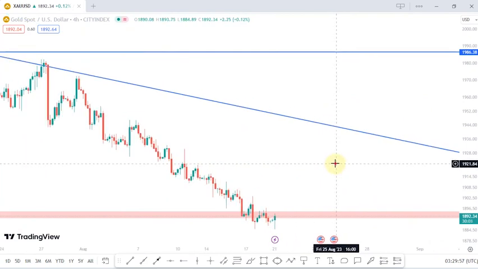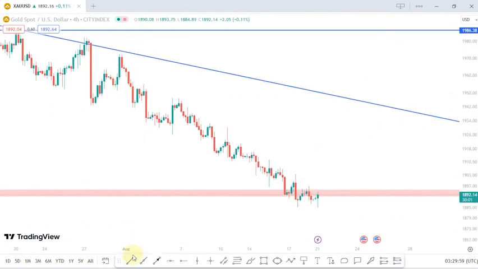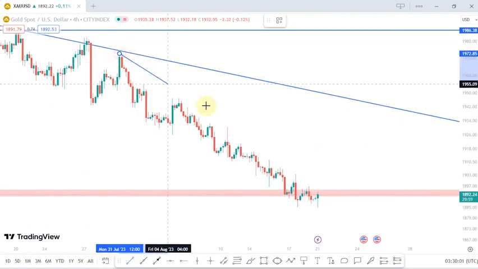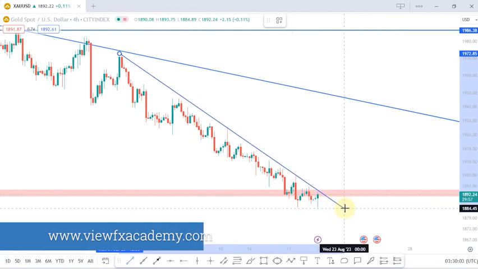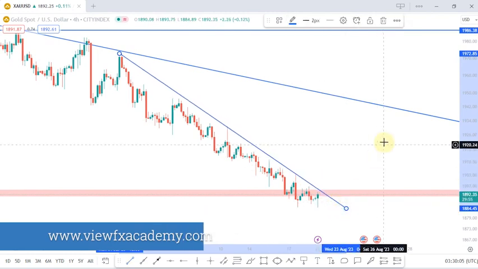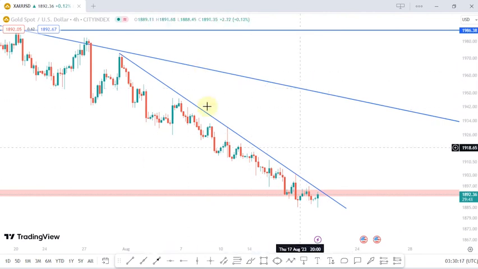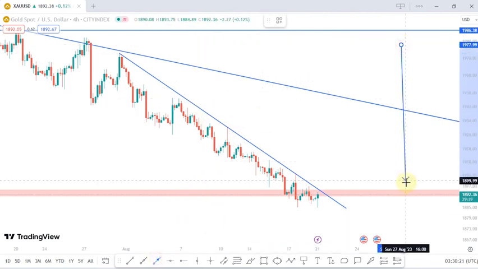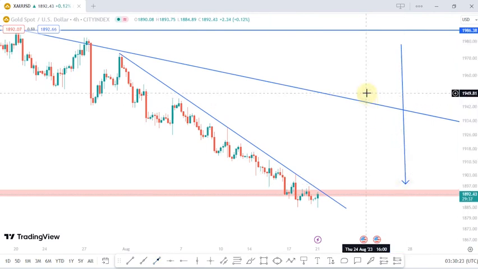You will see that gold is moving down smoothly. Gold is in an overall down direction. So for us to be on this trade, we need to wait for a useful pullback before we can jump on this trade.